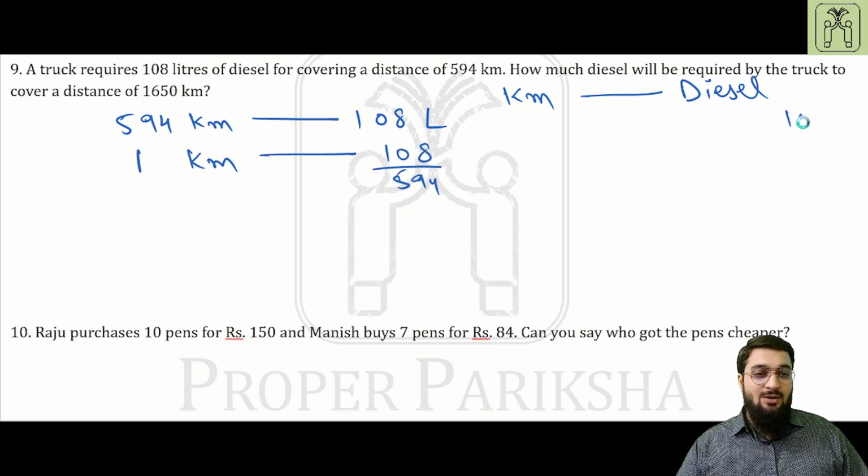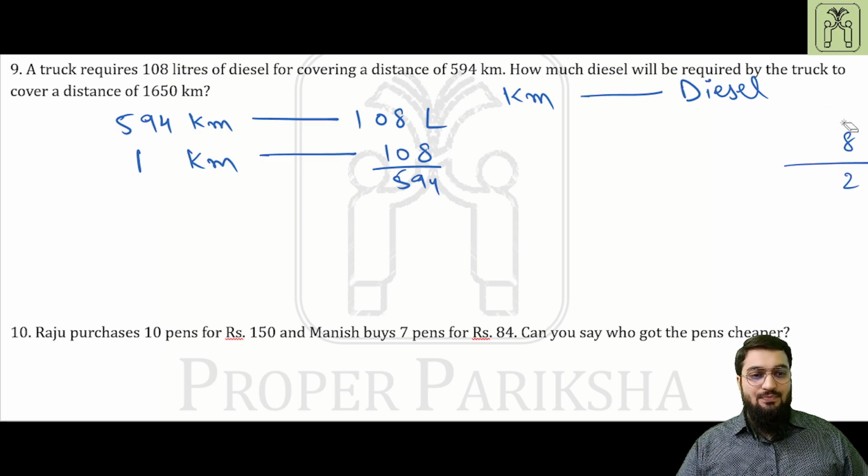If I try to do 108 into 5, it will be 500, and 8 5s are 40. No. So 594, how many times? 8 will be 7 times. So 594 into 8, 8 4s are 32, 8 9s are 72.